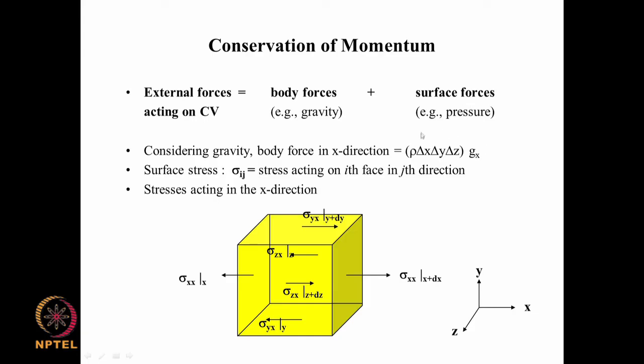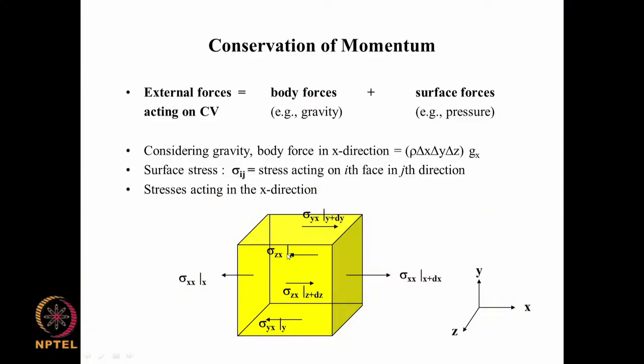Now, when we talk about surface forces, we have to take more caution in describing them. We are looking at a three-dimensional box, so we have to ask which surface, and on this surface what type of stress.